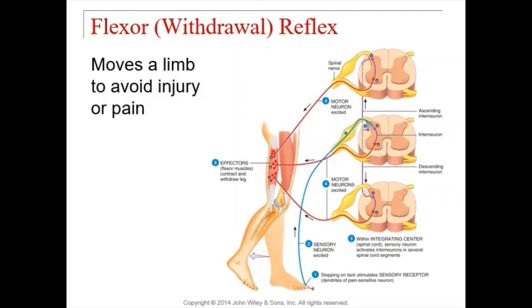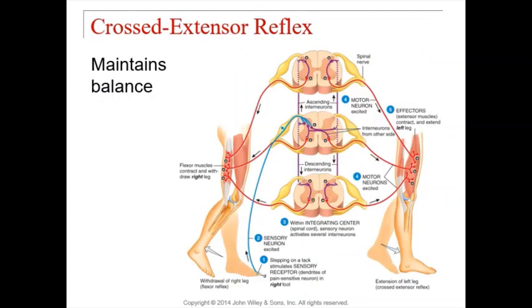Then you will come up with a response, send the information via the motor neuron to your muscles to get you to pull away from that source of pain. All your reflexes, even these here called your cross-extensor reflexes, they're all helping some way to counteract something. Even if it's for something like balance, you maintain your balance when walking, partially thanks to reflexes as well.